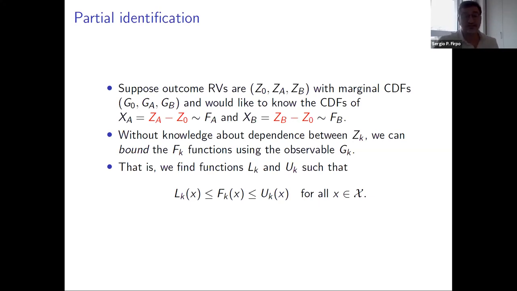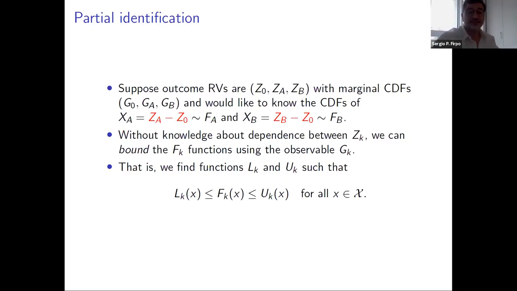That's in several papers by Yan-King Fan, and I also have contributed to that. Those are basically bounds based on Makarov, who first came with the idea of bounding sums of random variables where you know the marginal distributions, but you don't know the dependence structure, you don't know the joint.